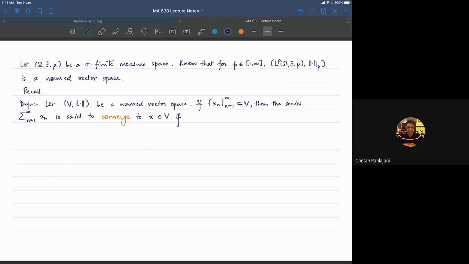So if the sum n going from 1 to capital N of small xn converges to x as capital N goes to infinity. In other words, the sequence of partial sums converges to the desired limit. This is not new.